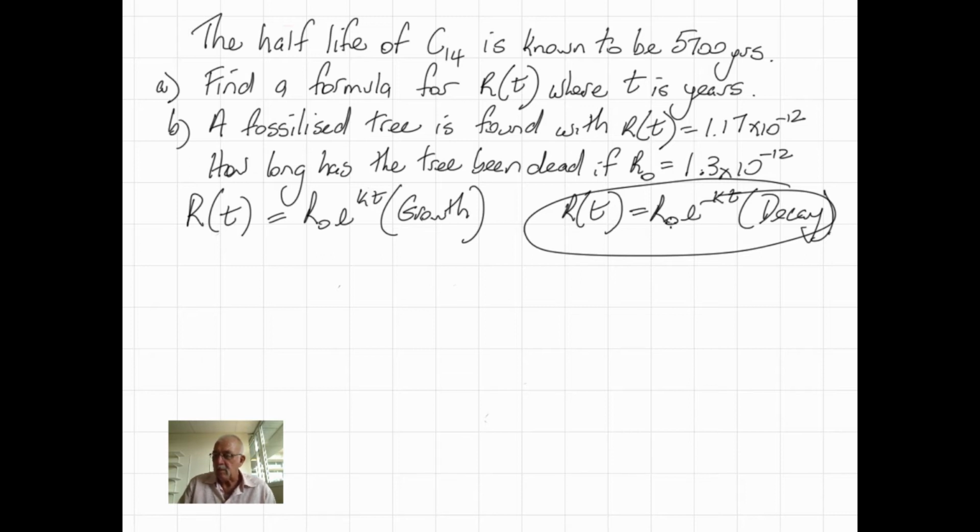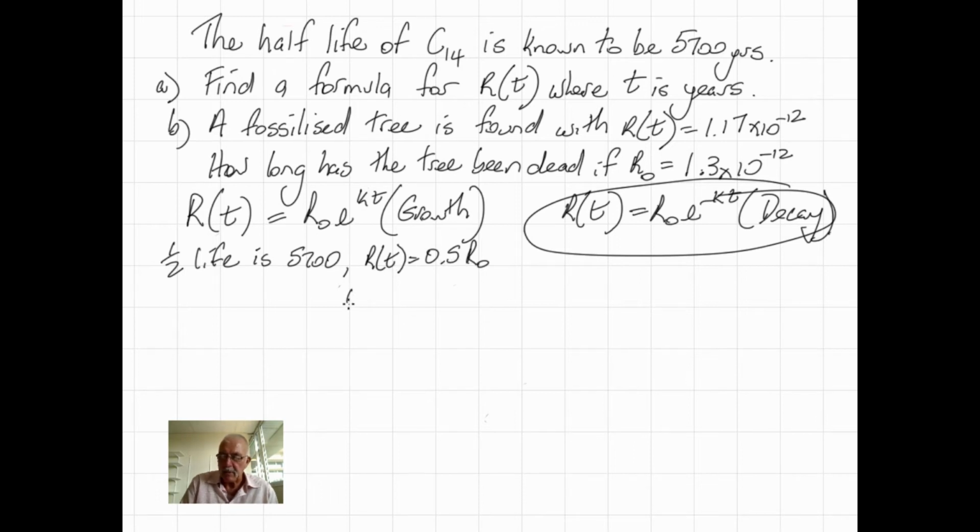So we've got R(t) equals R0 e to the minus kt, and we are asked to find values for these. So the first thing to do: we know that the half-life is 5,700 years, so R(t) will be equal to 0.5 of R0. That's how much will be present after 5,700 years.